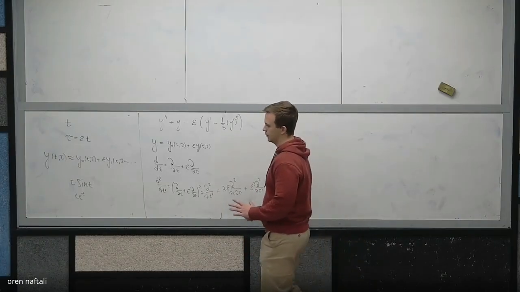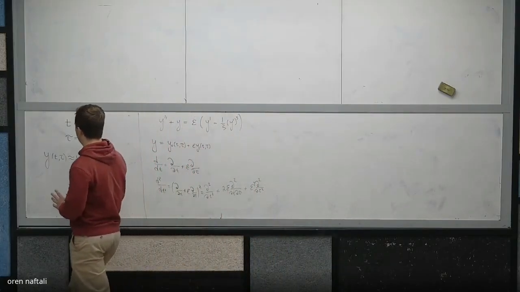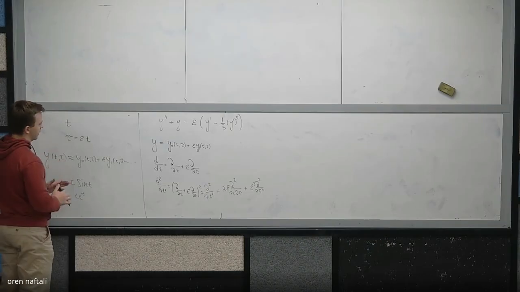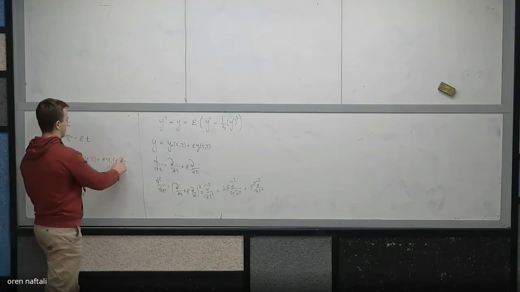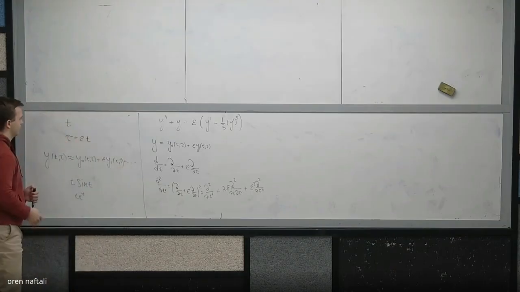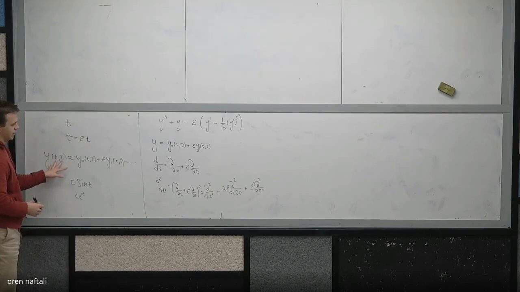And again, the main idea of this method is the following: we treat these two, t and tau, as independent variables. Even though you can see that they have a certain relationship, we treat them as two independent variables.